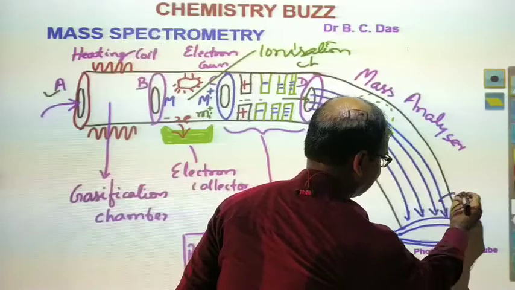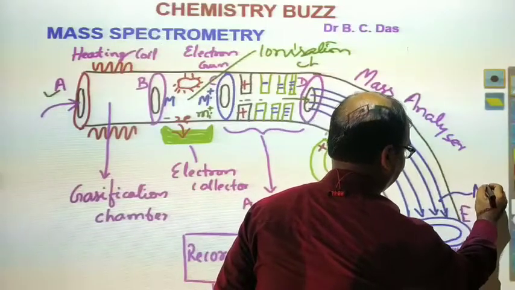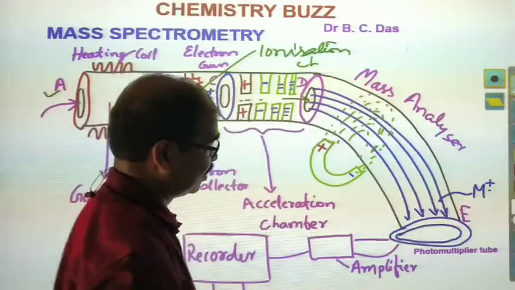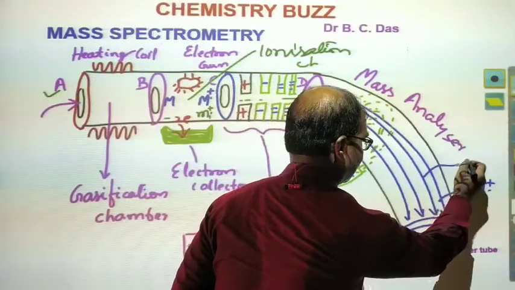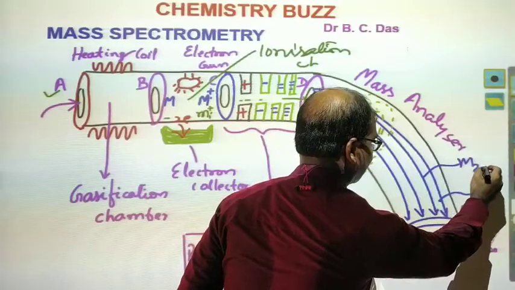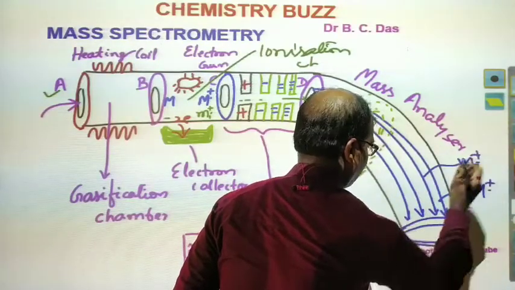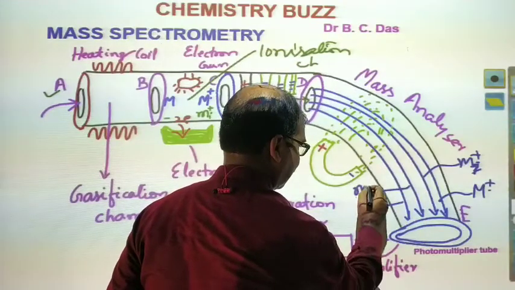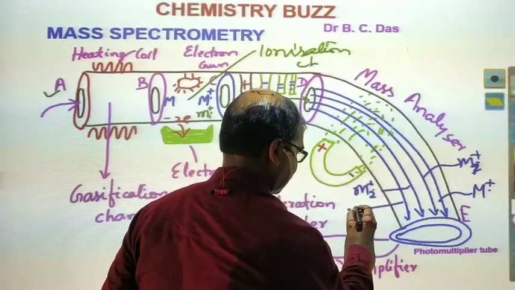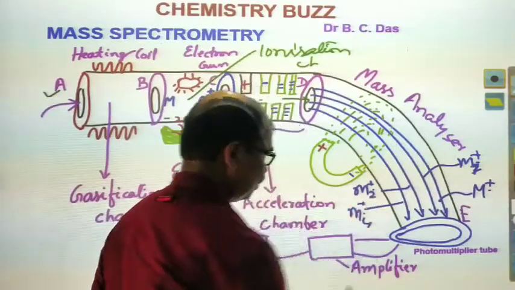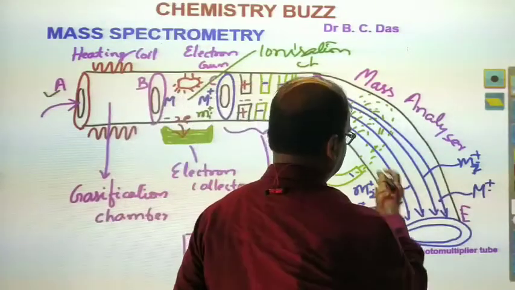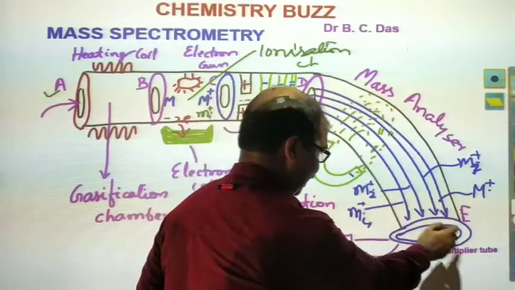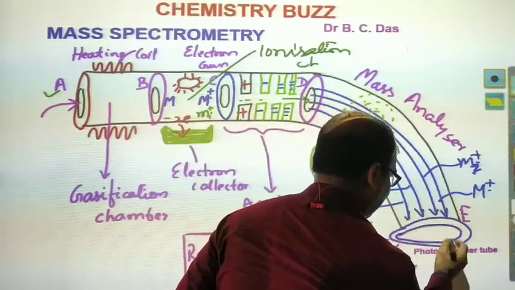So this is the M plus, the highest mass is here, and this is the lowest. Next lower one, then this one, then this one. These ions are now deflected, and this is the detector.